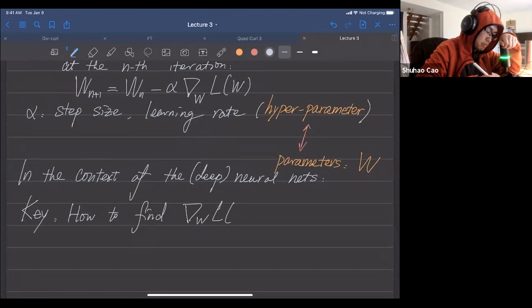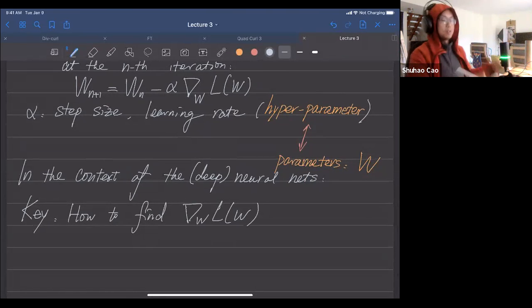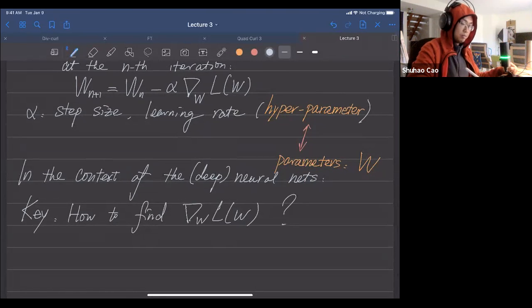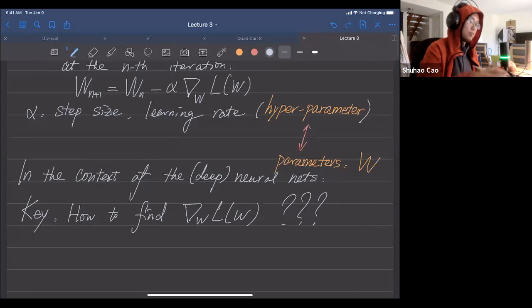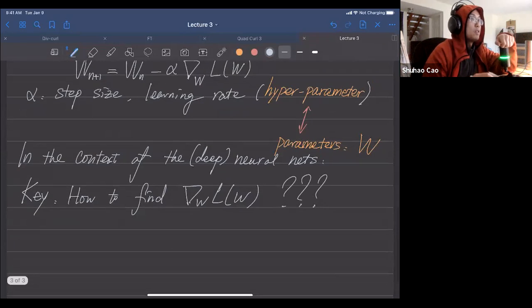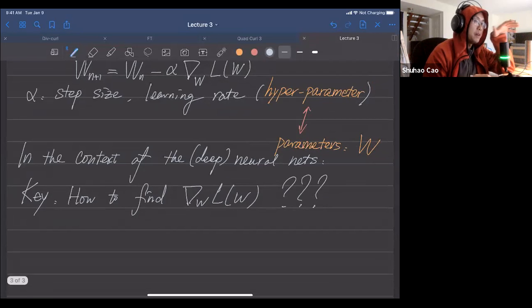Okay. How to find this derivative is actually one of the two pillars of modern machine learning.